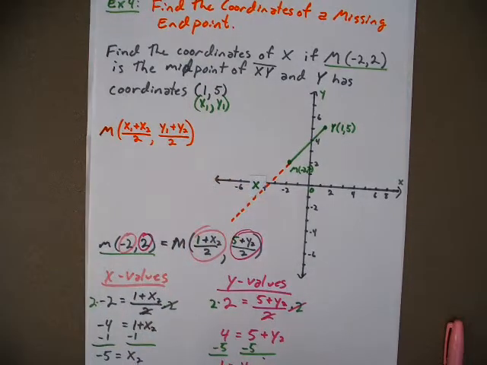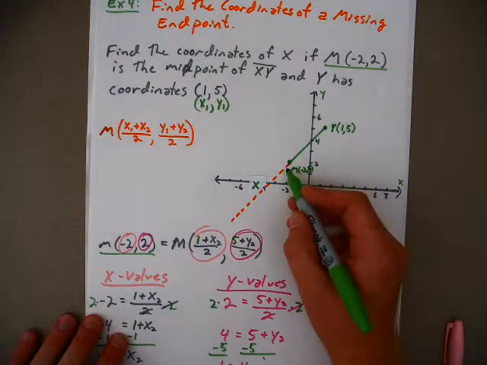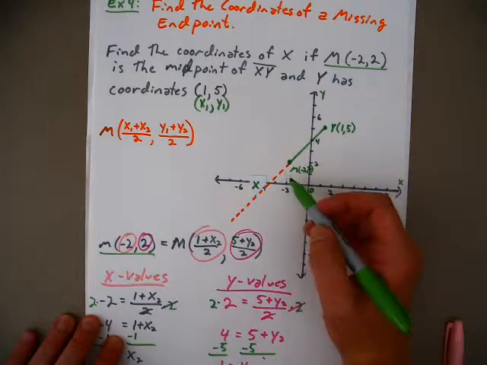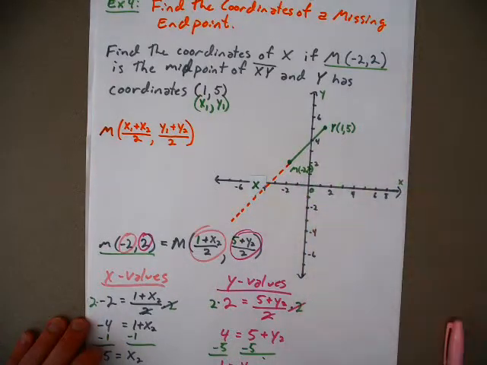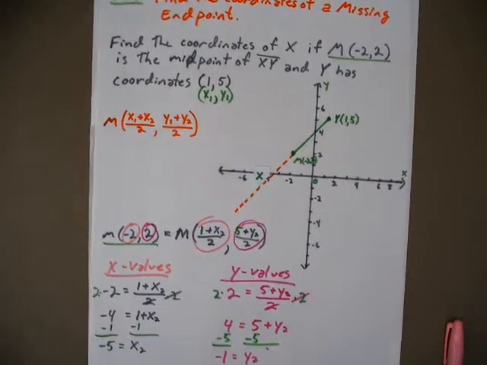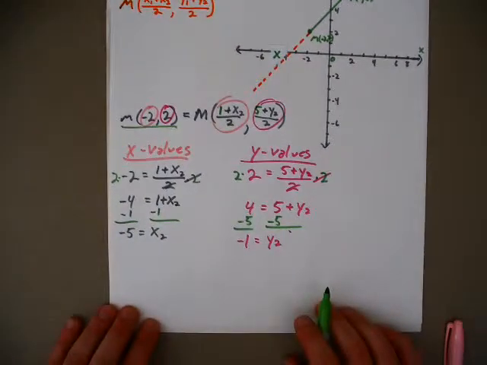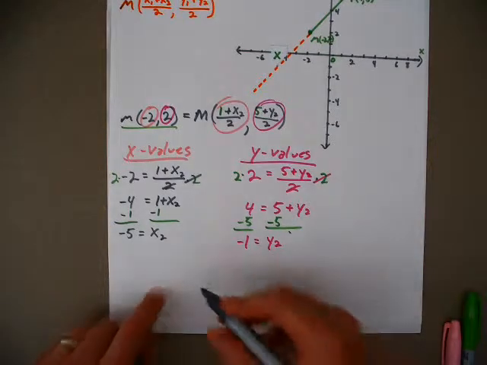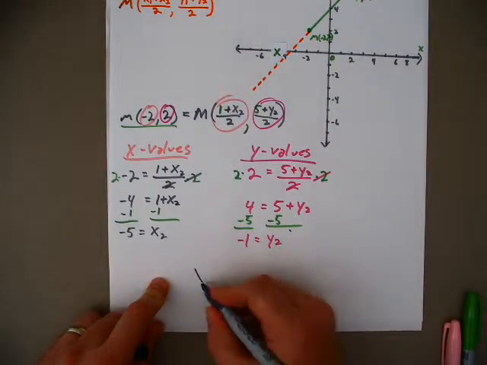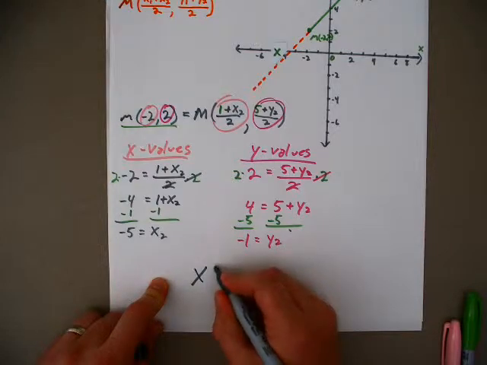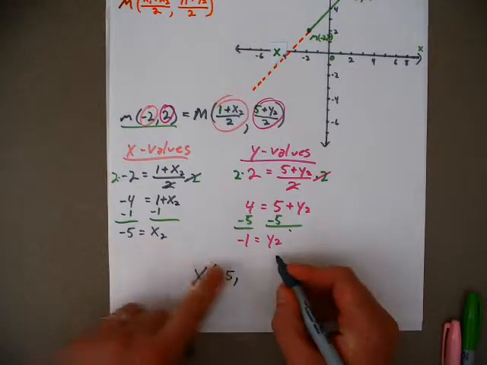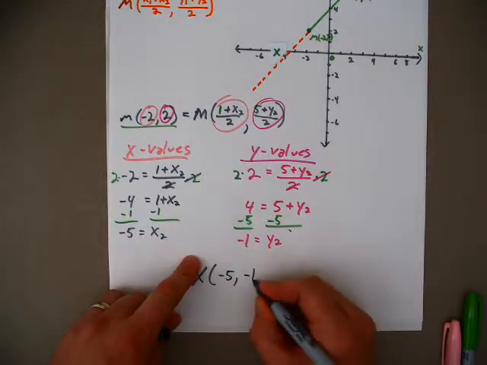So I can see that on this line that I've drawn here, this dotted line, I'm going to extend it and make it one solid line. And so my value that I've come up with, which is x, I now know that x is going to be my x2, which is negative 5, and my y2, which is negative 1.